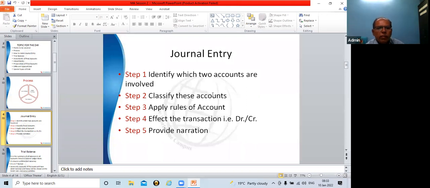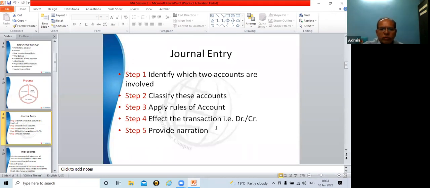Now, as far as journal format is concerned, there are 5 columns. First column, date. Second column, particular. Third one is ledger folio number, in short written as LF. Fourth one is debit rupees, and the last column is credit rupees.